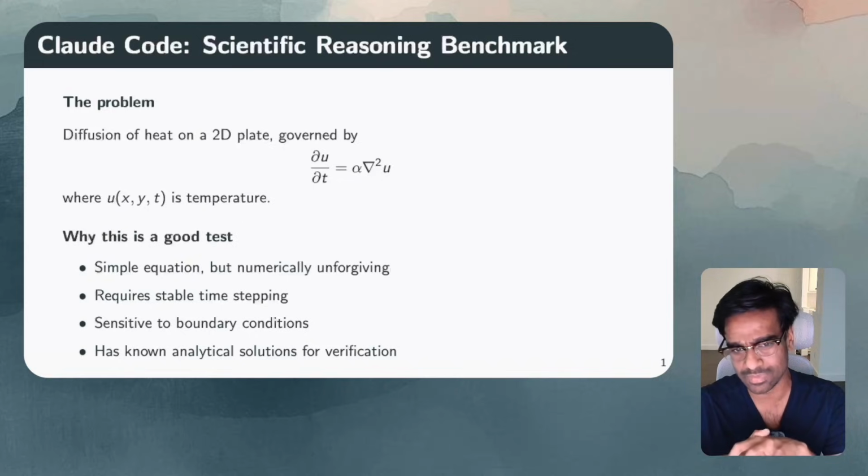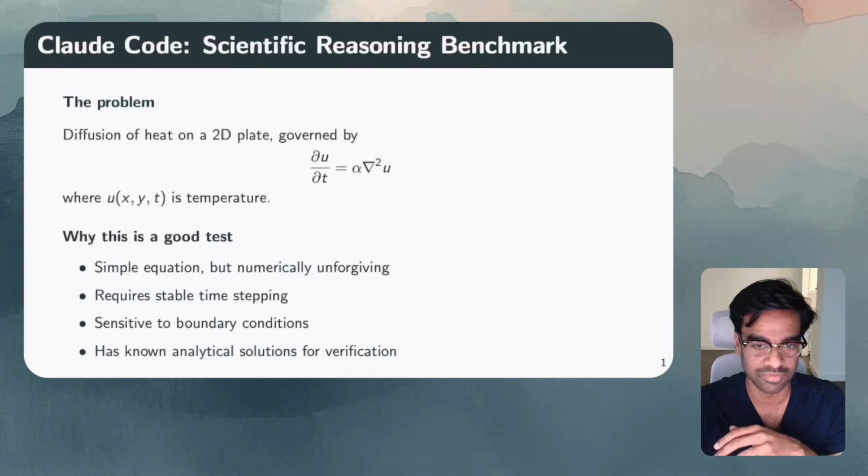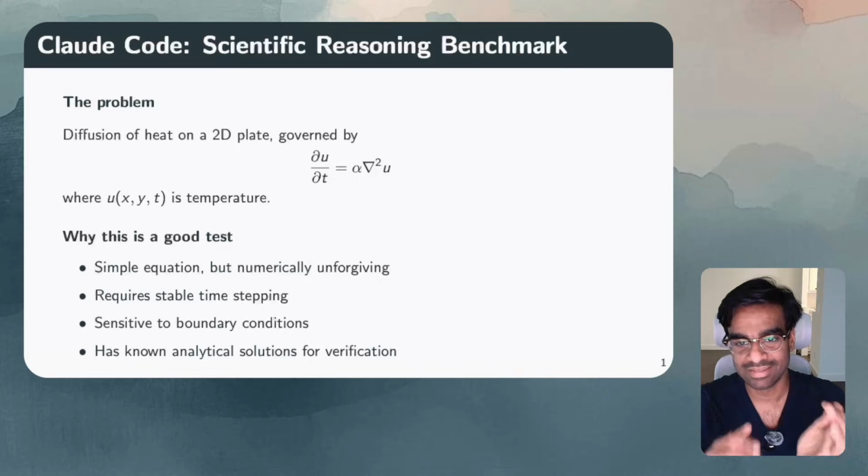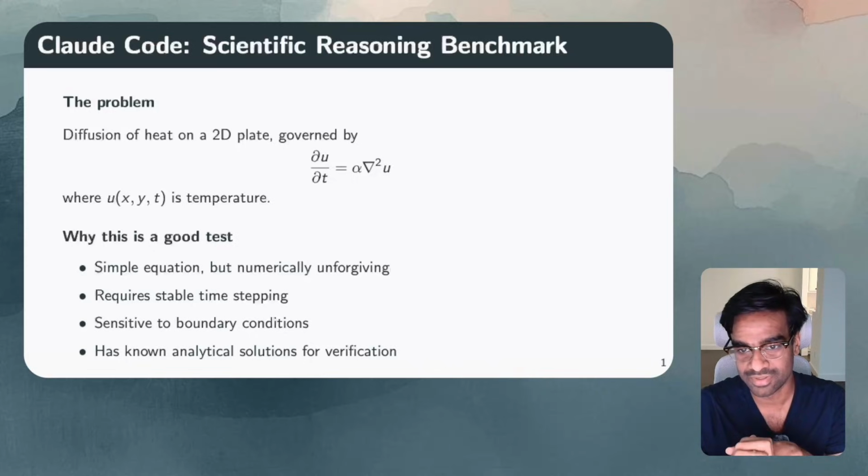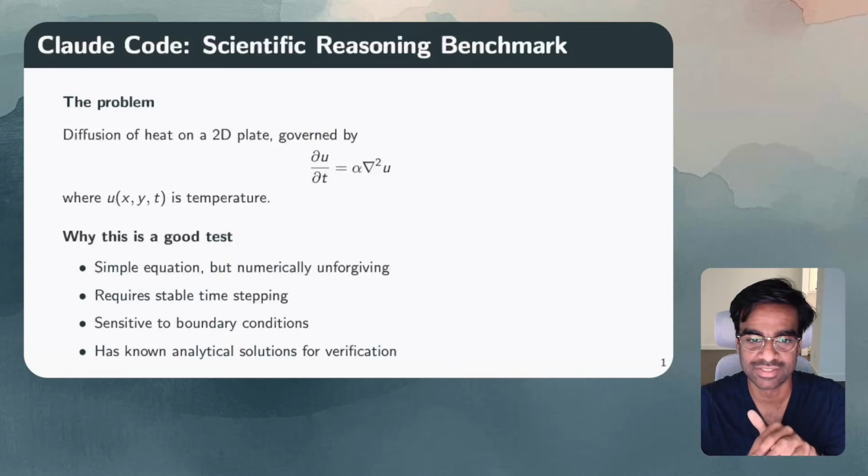How I'll be benchmarking this agentic coding system, so I'll specifically be using Claude Code for this problem, is by clearly defining the physical problem and the constraints of the problem, much like an engineer would be working with an intern, for instance, but I won't be solving the problem for it entirely.